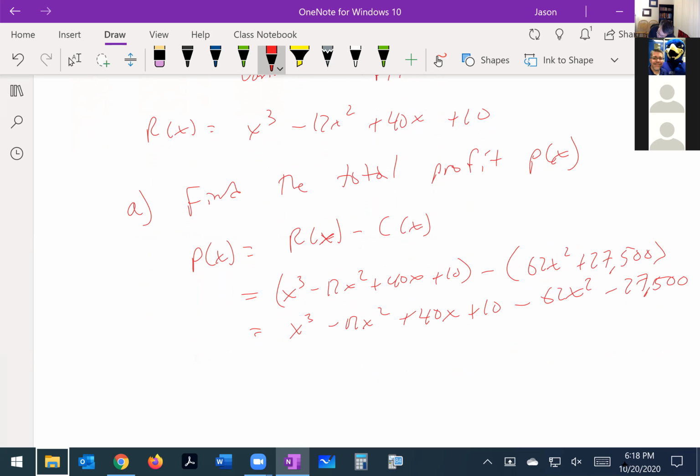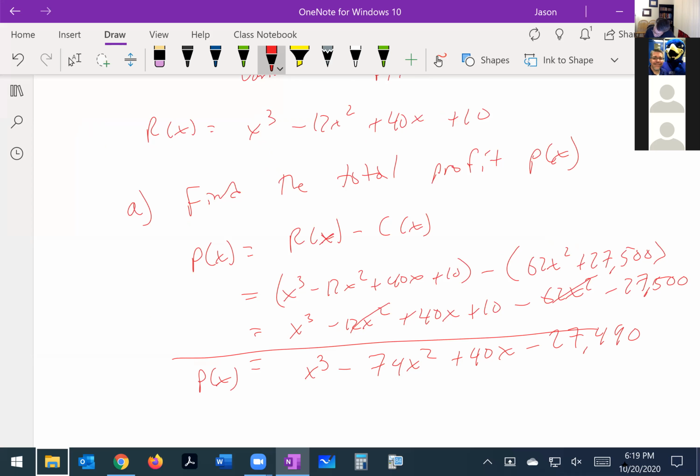Let's combine like terms. So this is x cubed minus 74x squared plus 40x minus 27,490. Okay, so that's P of x, my profit function.